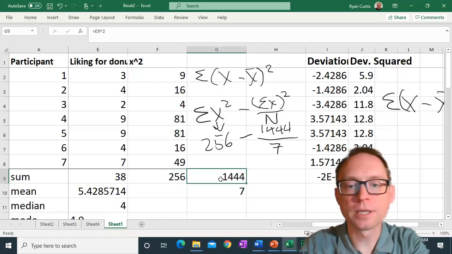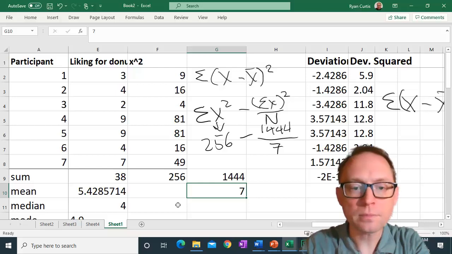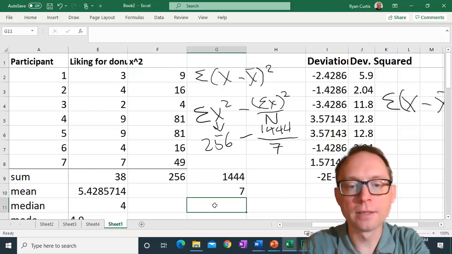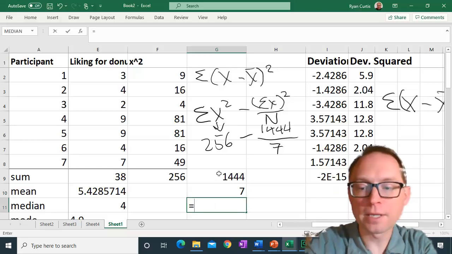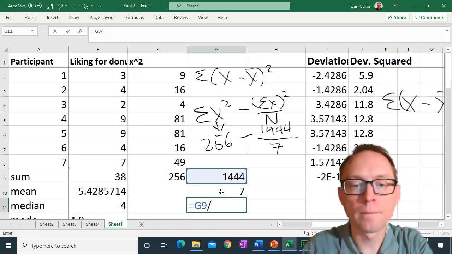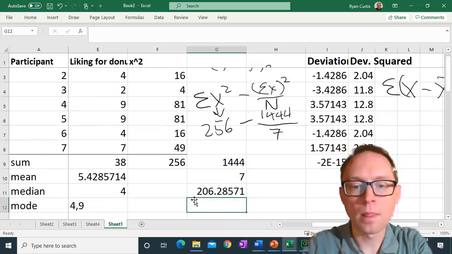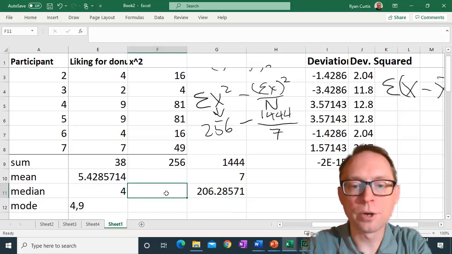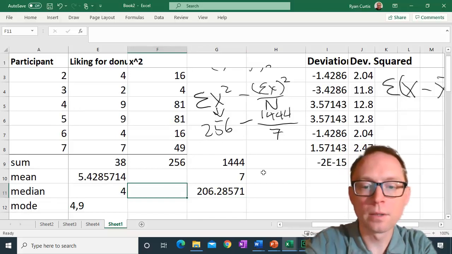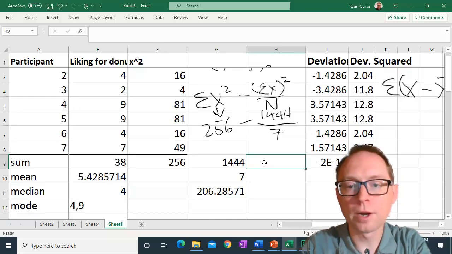256 minus 1,444 divided by 7. So let's go ahead and look at that. 1,444 divided by 7 is 206.28. So we want the sum of squares.